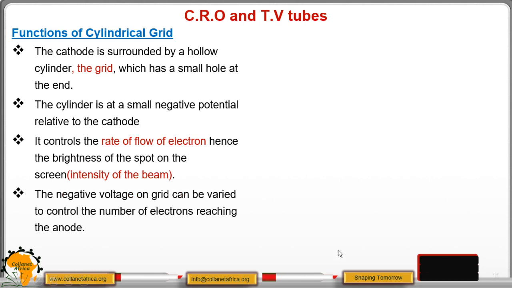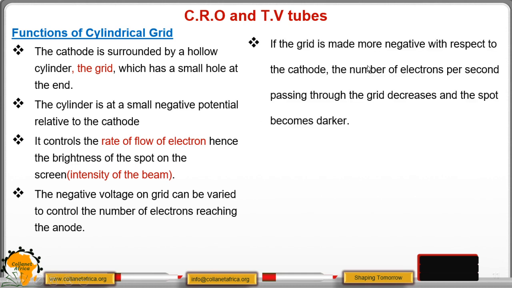How does it function? The negative voltage on the grid can be varied by what we call the control knob. If the grid is made more negative with respect to the cathode, the number of electrons per second passing through the grid decreases. This is because it repels many electrons away and prevents them from passing through the grid.